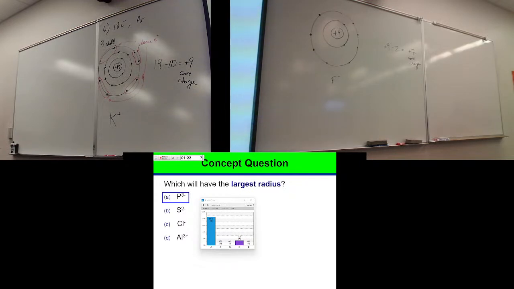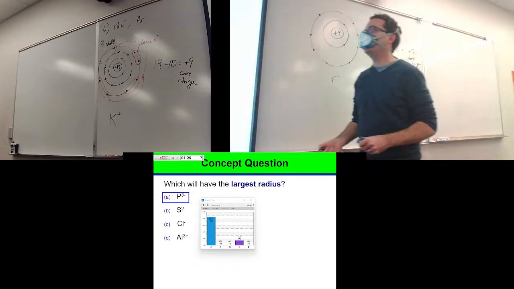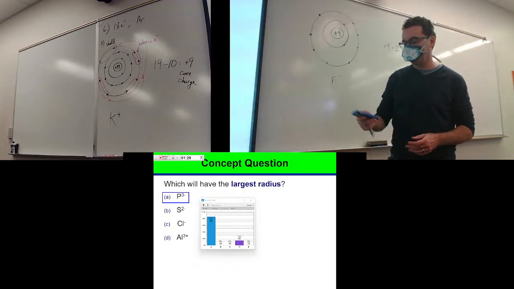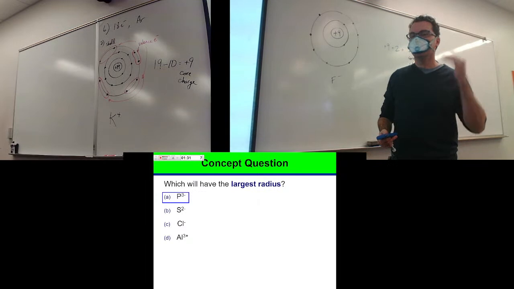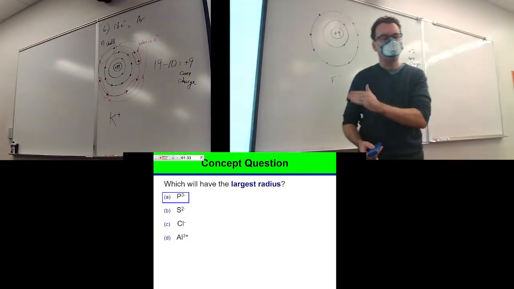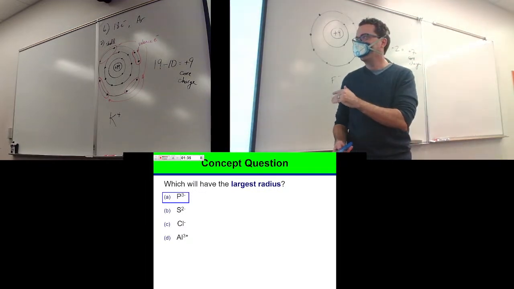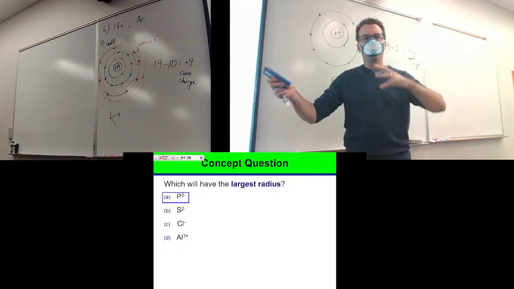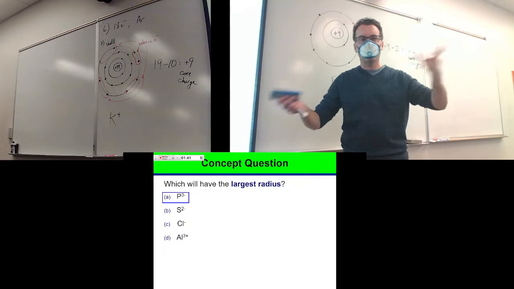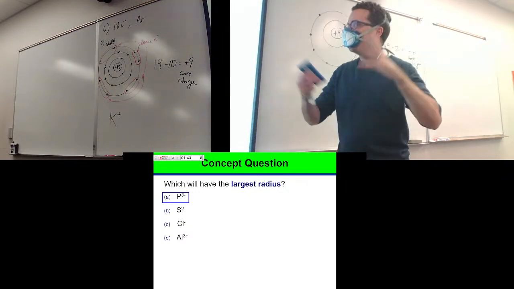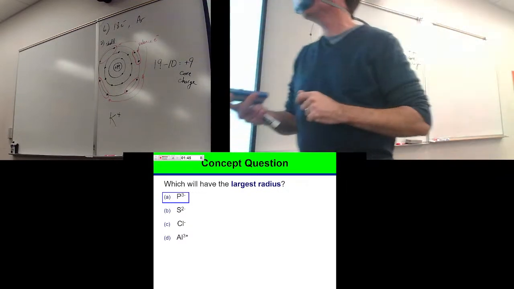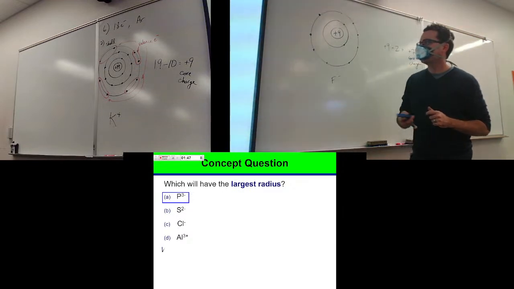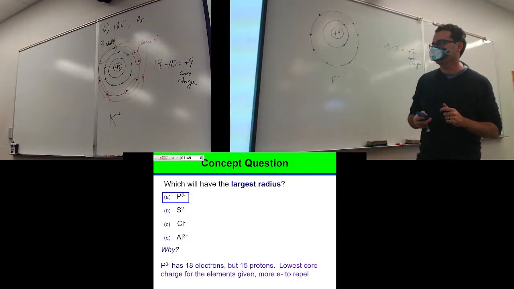But once you get rid of this one and compare these three, the one with the fewer protons is going to be the biggest, and that's the phosphorus one. So double check that they're isoelectronic first. If they're not, then sort them into groups and compare the groups first. Make sure you know which group is biggest or smallest, and then you can sort within the groups. Okay.